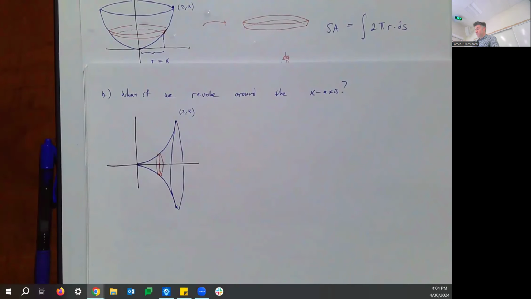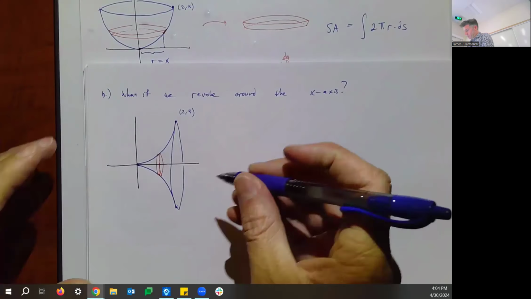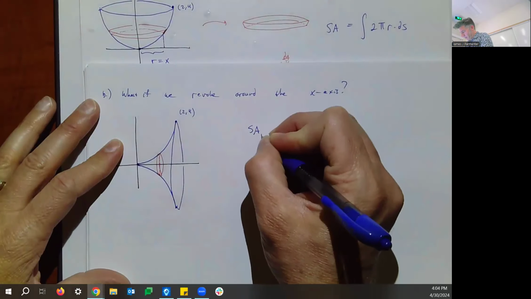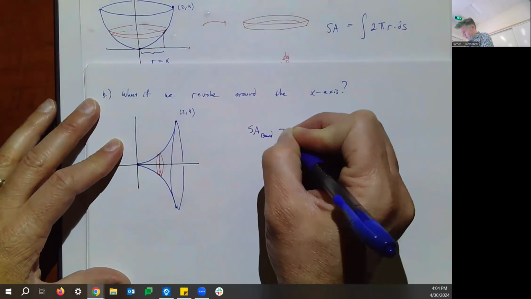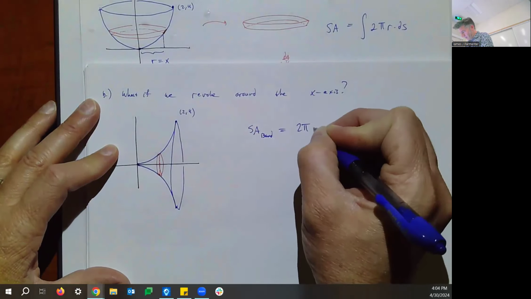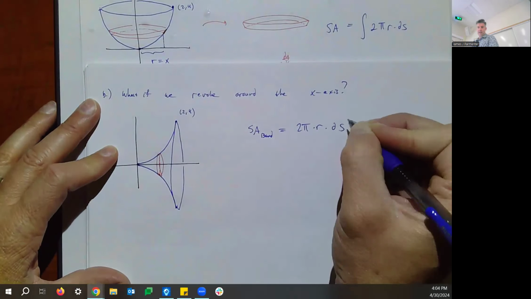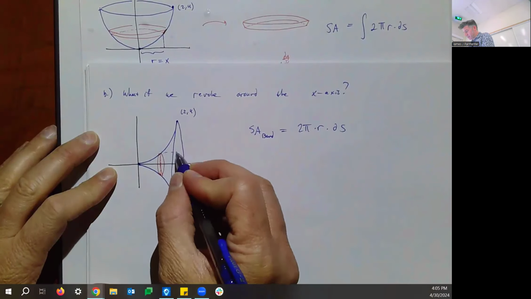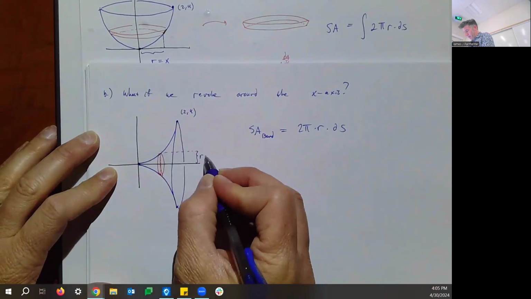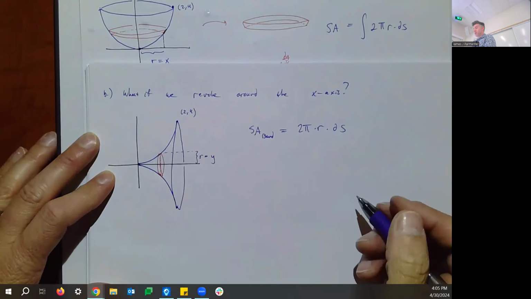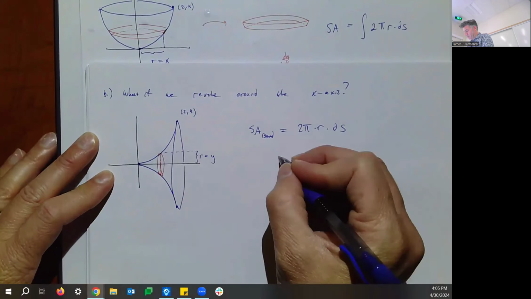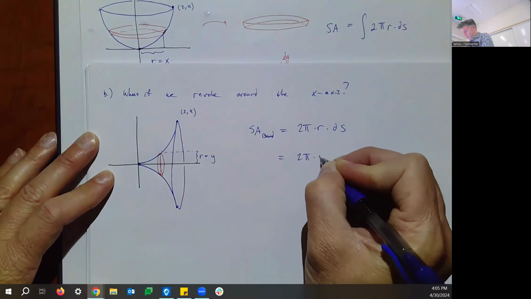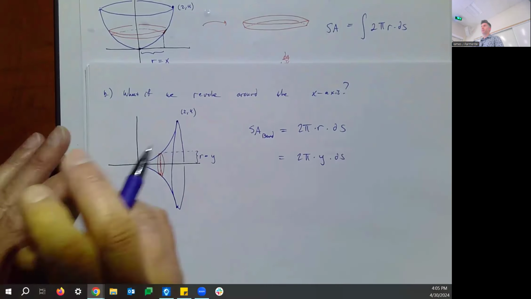Same idea for the surface area. The surface area of my rubber band is going to still be 2 pi times the radius times the ds. So one way to think about this is, well, now if I'm going around the x-axis, the radius of my rubber band is y. So I could think of this as 2 pi times y times ds.